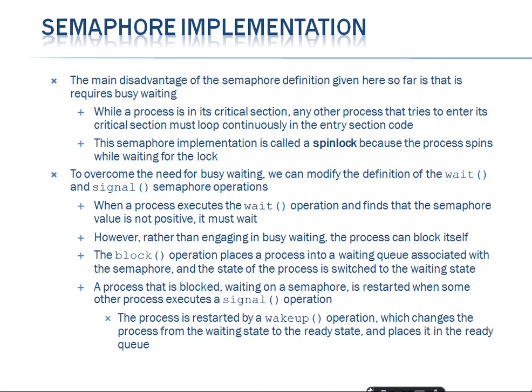The main disadvantage of the semaphore definition given here so far is that it requires busy waiting. While a process is in its critical section, any other process that tries to enter its critical section must loop continuously in the entry section code.